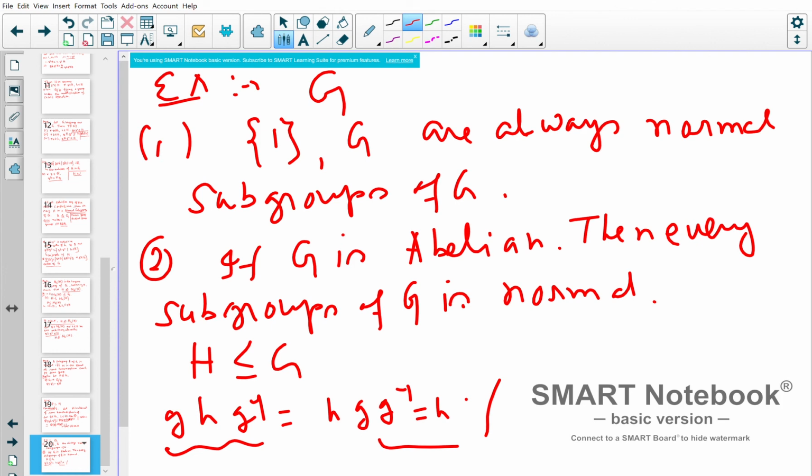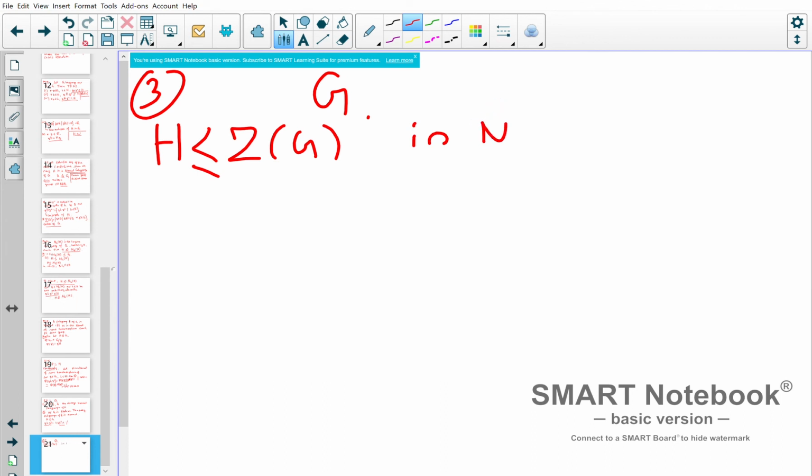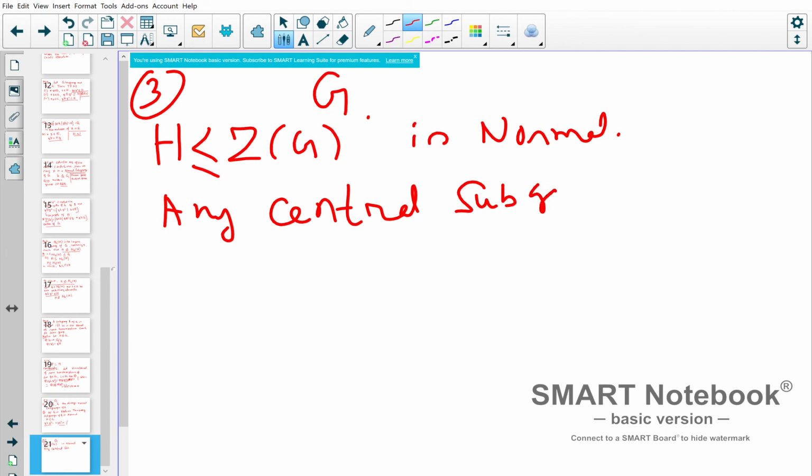Now maybe I can give another example, number 3. You have a group G, and you have the center. If you choose any subgroup which is a subset of the center, that means its elements sit inside the center, then it is normal.